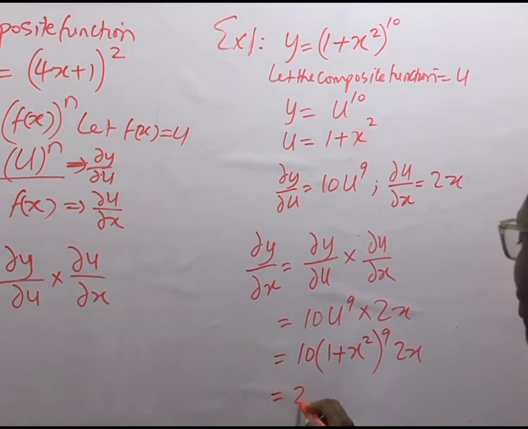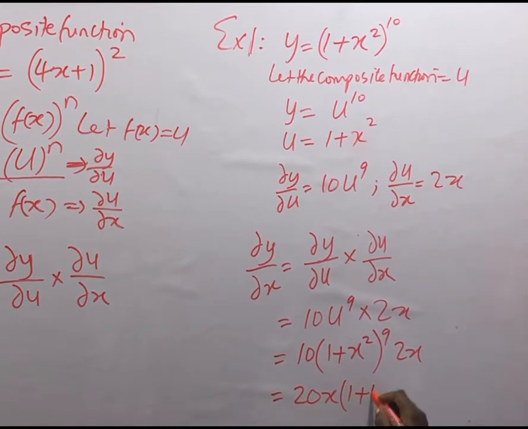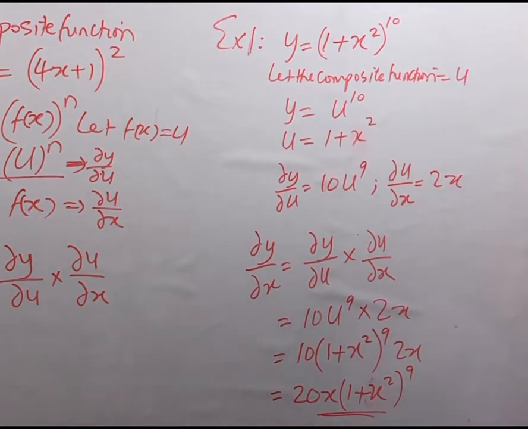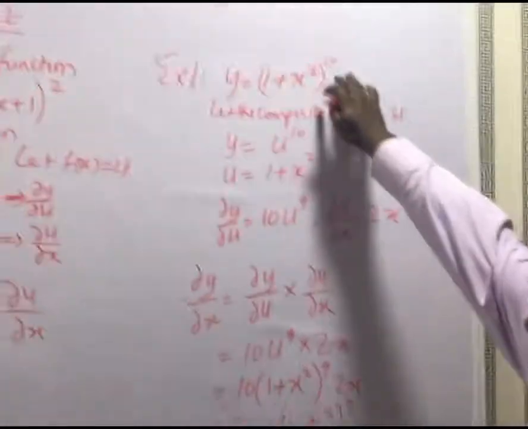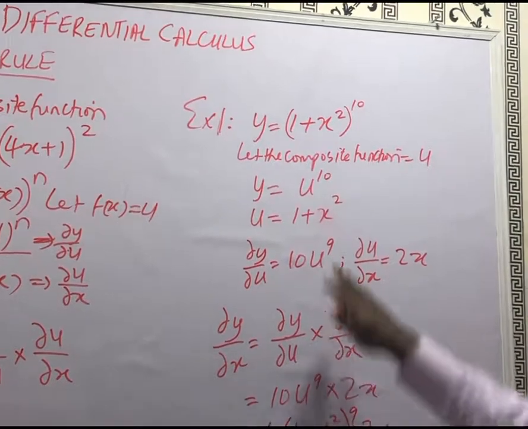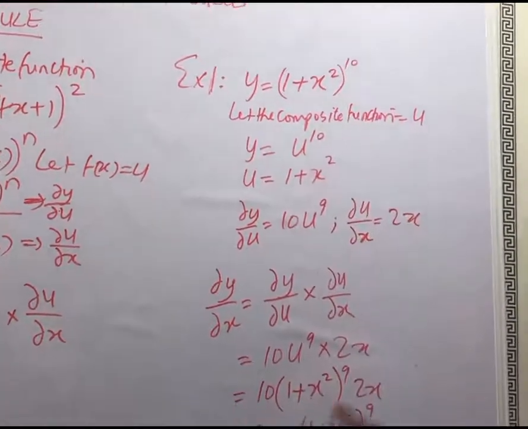This becomes 20x times 1 plus x raised to the power 2, all raised to the power 9. So this is our answer. This is what we call the chain rule. This is finding the derivative of this function.